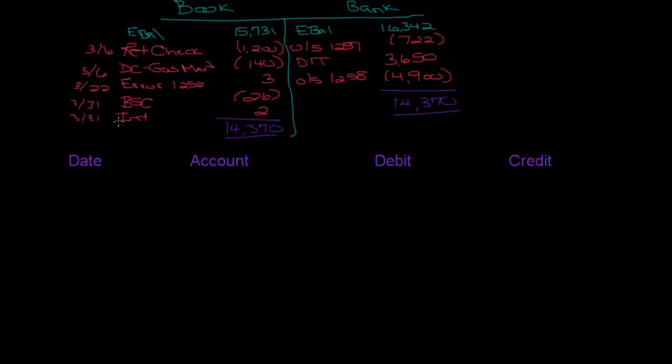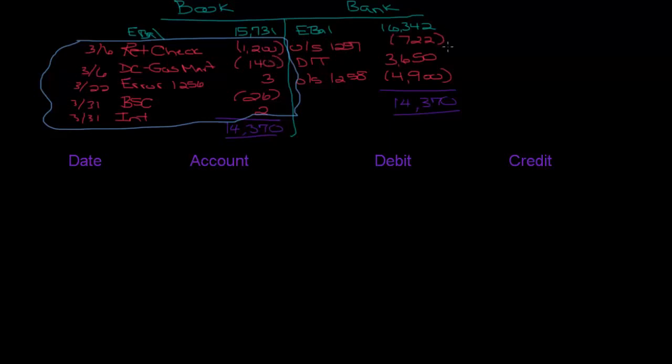Now if you wanted to, you can record this as one big journal entry on the last day of the month. The only thing we need to record is the items from the book, because if you remember, all the items from the bank, this is an outstanding check that is recorded in our books already.